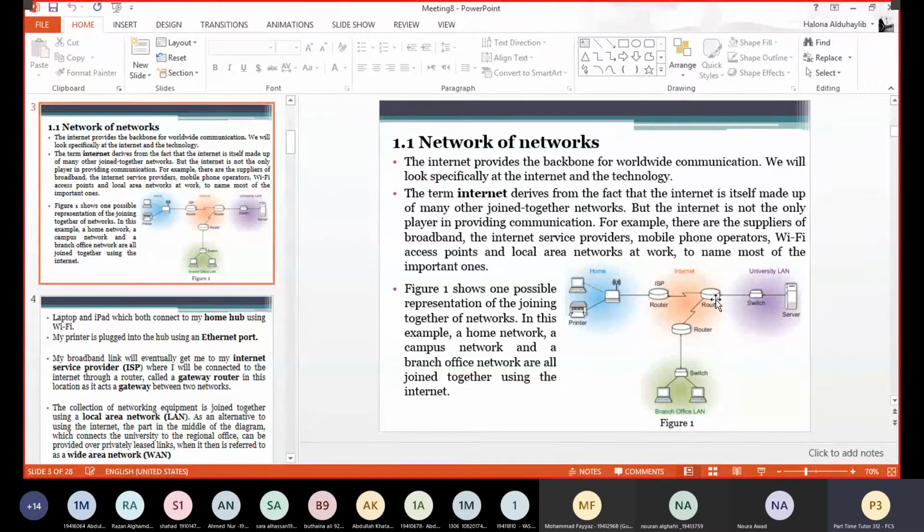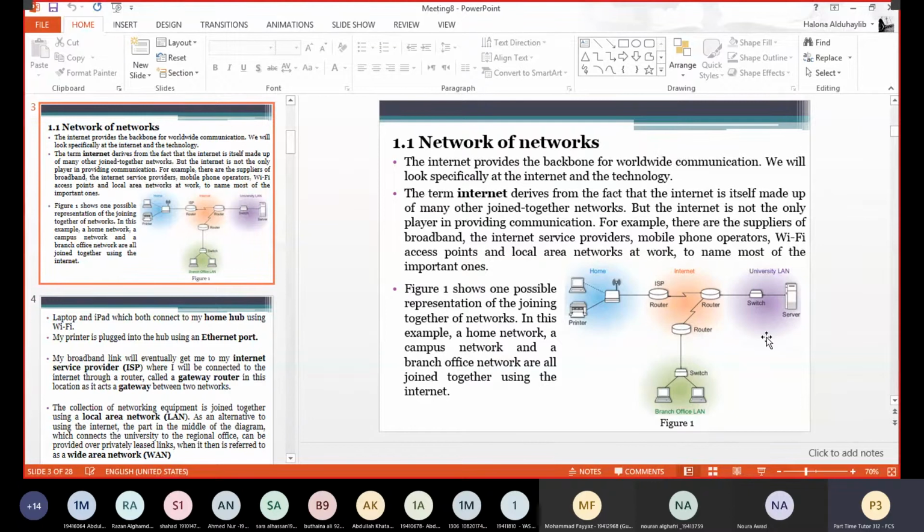And the same network is connected with the office LAN in some of the companies. So we also have a switch that connects to more than one server, one to store files, one to store data, one to store emails. So this is one figure of network connection and how we can connect the different devices together.